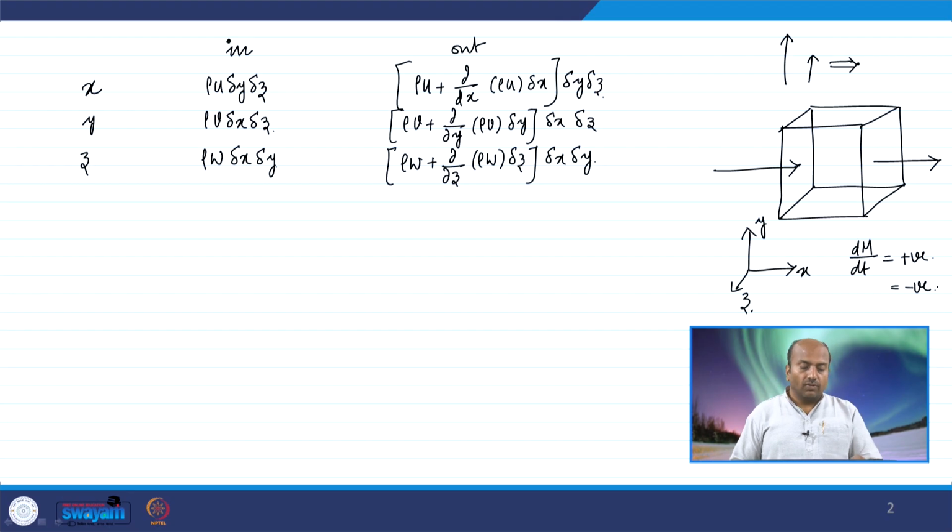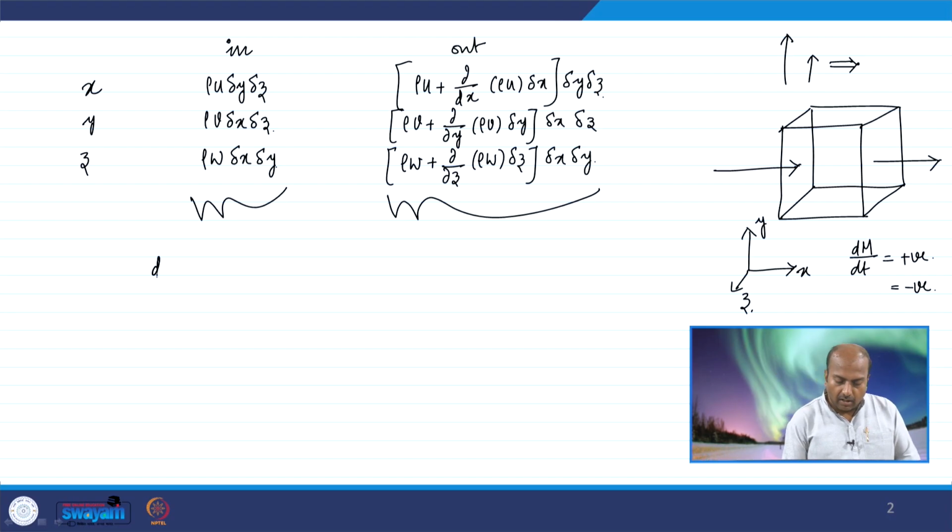We expect that the sum of the fluid that is going in should be equal to the fluid that is going out, or the difference of these two should be 0, or if there has to be a difference, if we have to accommodate the provision of having a source and sink, then the difference of these two should be equal to the rate at which mass is accumulated inside the control volume. So, as simple as that.